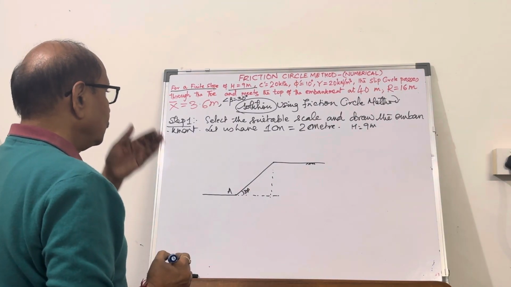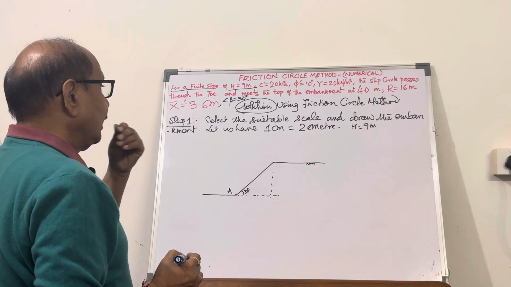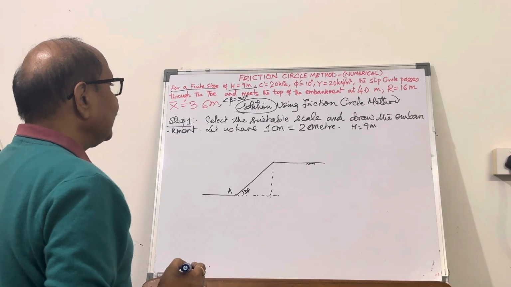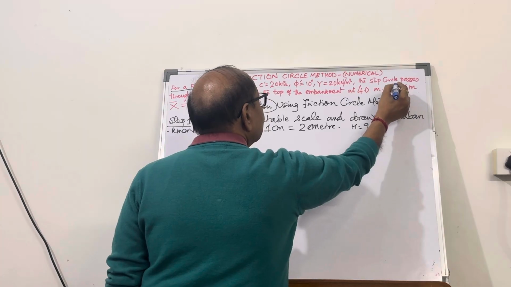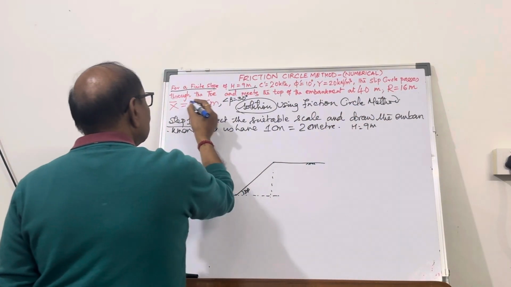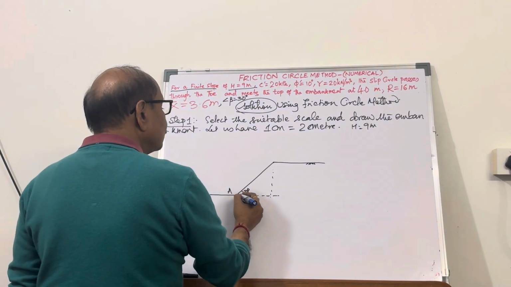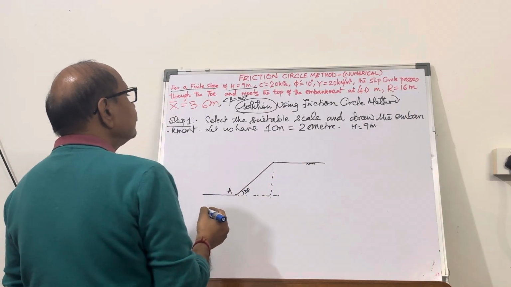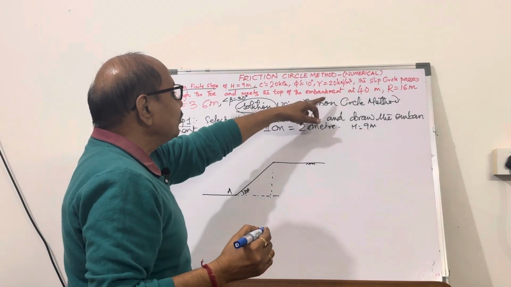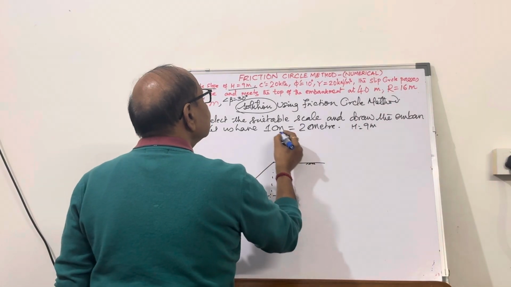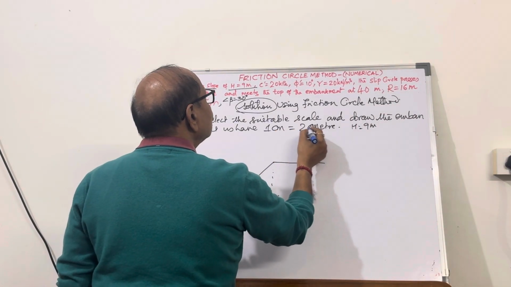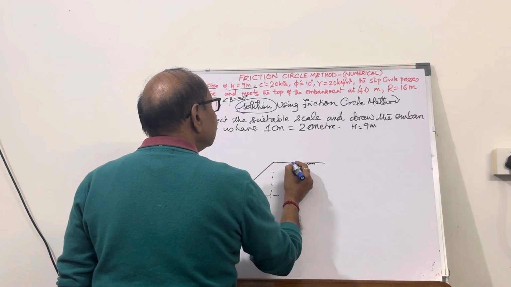Now, it is given over here that the slip circle passes through the toe and meets the top of the embankment at 4 meter. So 4 meter means 1 centimeter equal to 2 meter, so 2 centimeter.